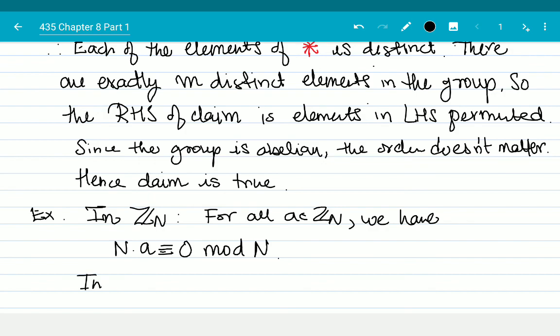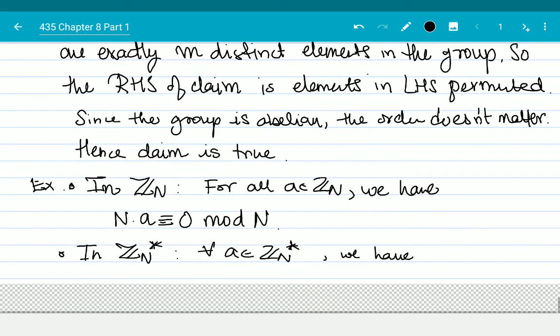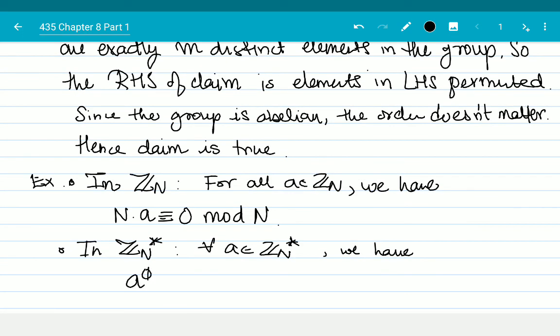In Zn star, for every a belonging to Zn star, we have a to the phi n is congruent to 1 mod n.